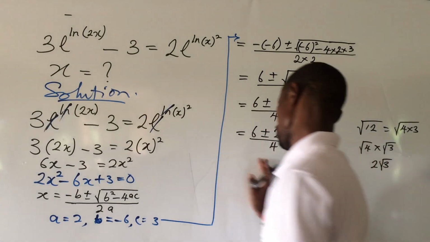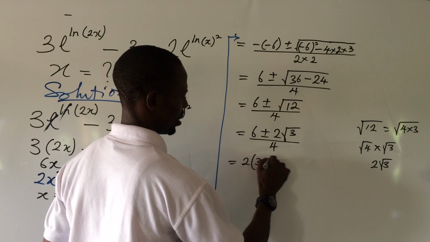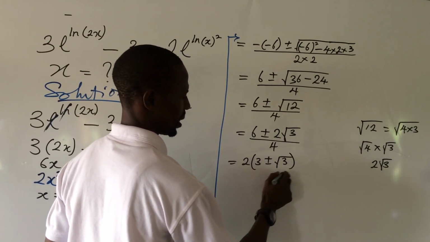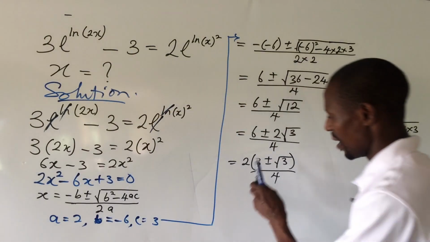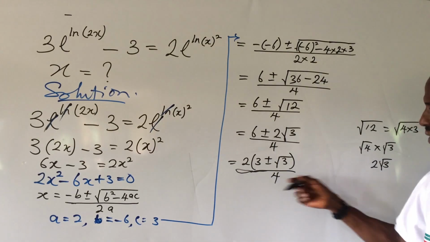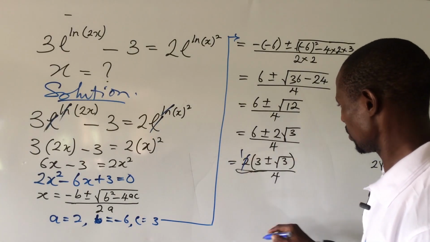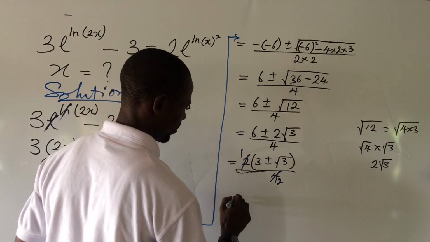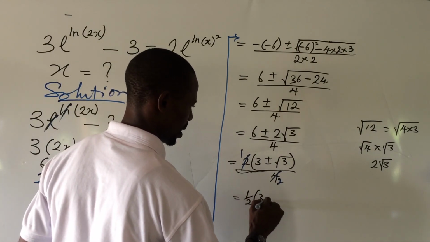If we factor out 2, we have 2 bracket 3 plus minus root 3 close bracket all over 4. Because we have 2 at the numerator and 2 at the denominator, we cancel to give us 1 all over 2 into 3 plus minus root 3.